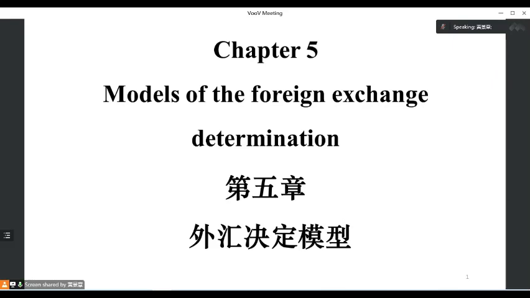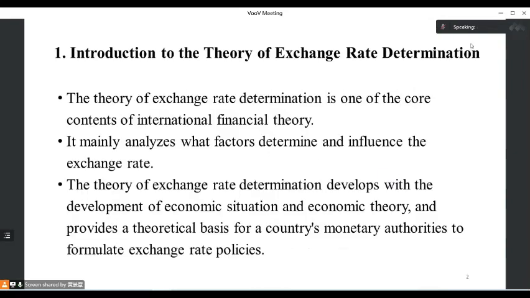Models of foreign exchange determination. In Chinese, we can say 第五章外汇决定模型。Let's see.